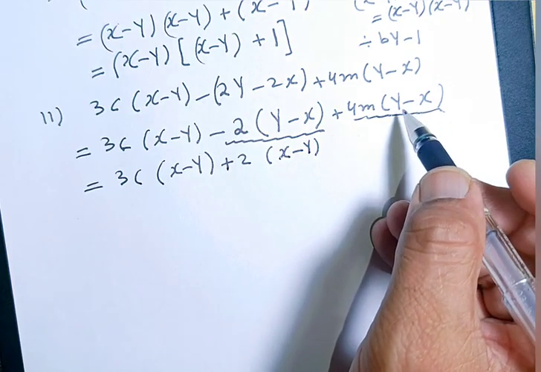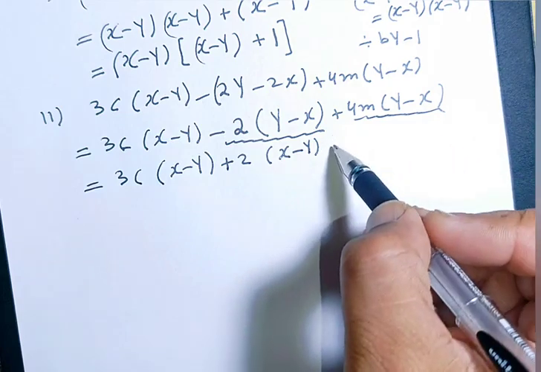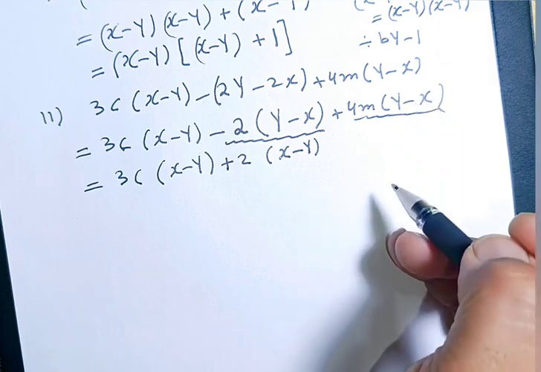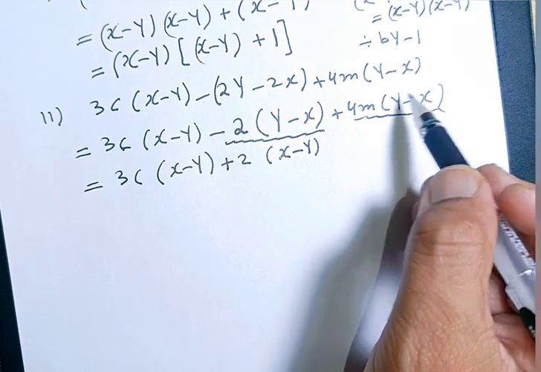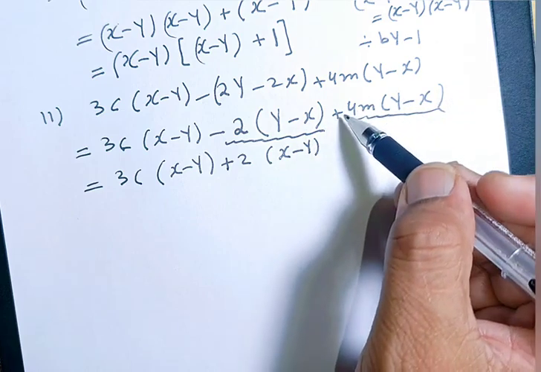Why? Because I need to make a like term like the x negative y. So because the negative sign is here, that's why I have to divide by negative 1. If there was a positive sign, then I can switch around, nothing is going to happen, outside or inside.